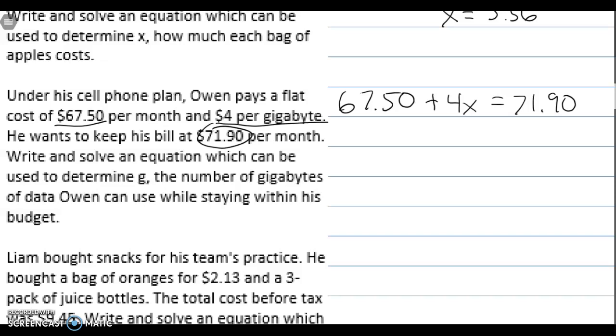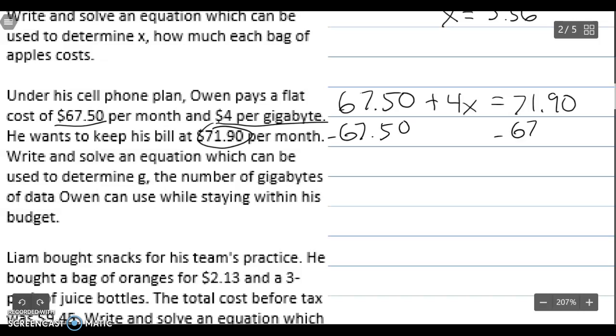So once we get the equation set up, we just go ahead and solve. 67.50, subtracting on both sides to isolate the 4x here. And I'm going to bring down my 4x. Okay, that's going to leave me with $4.40.